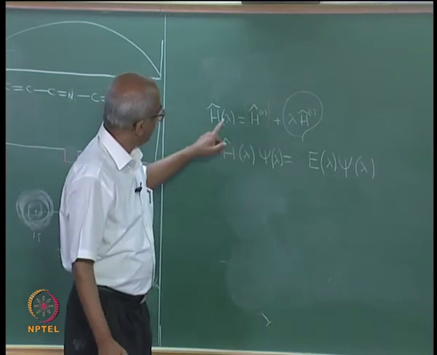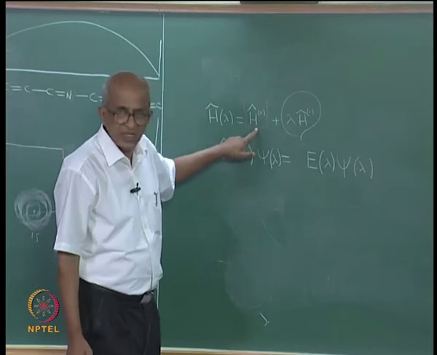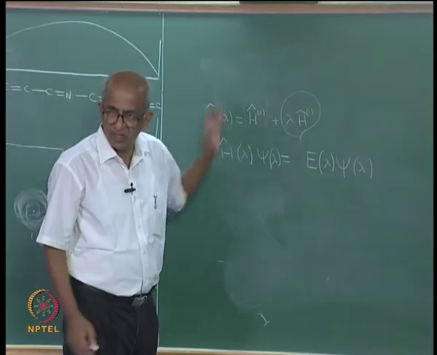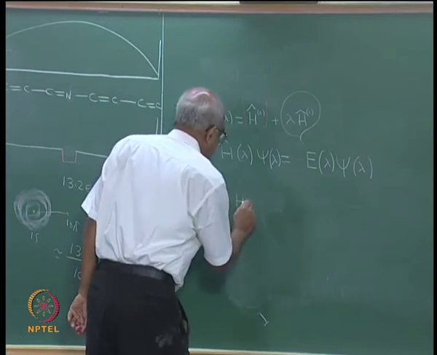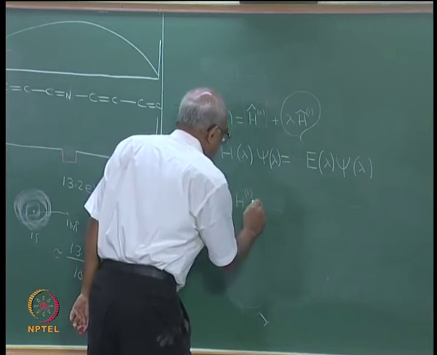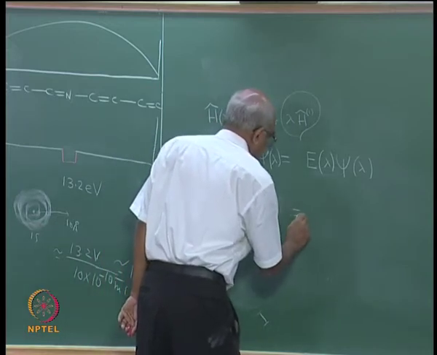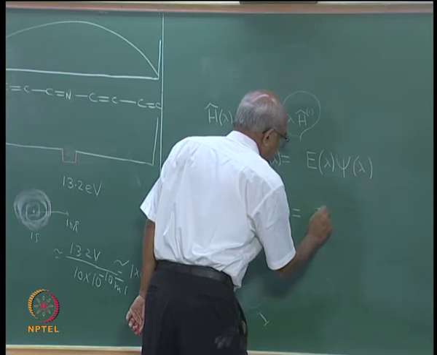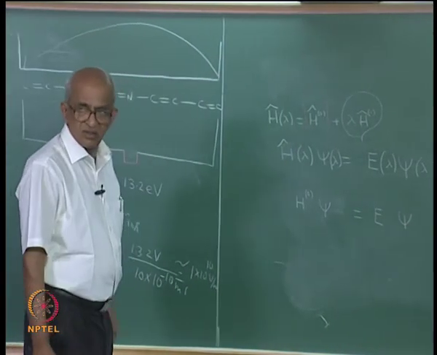That means, suppose lambda was equal to 0, then my Hamiltonian will be that, and I know what the solutions are. So, therefore, let me say that imagine H0 operates upon something, I will need a notation for that, that will be equal to some E into psi, correct.